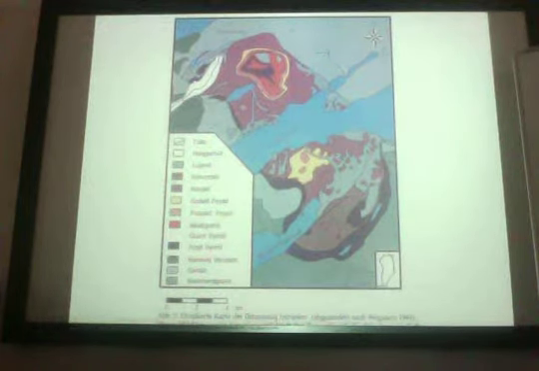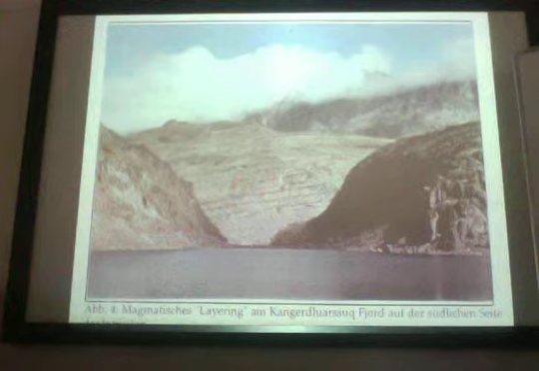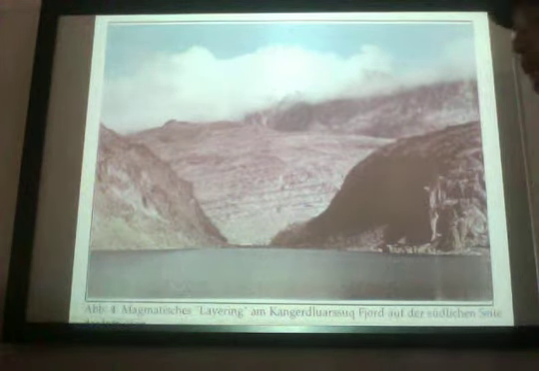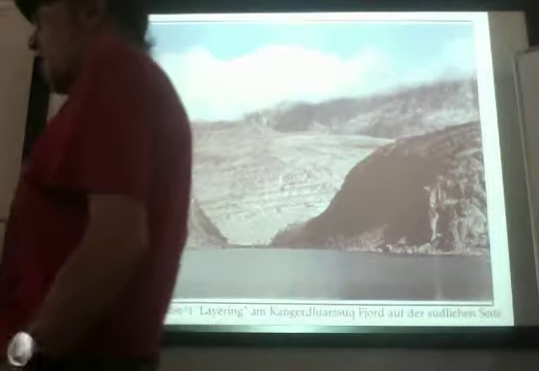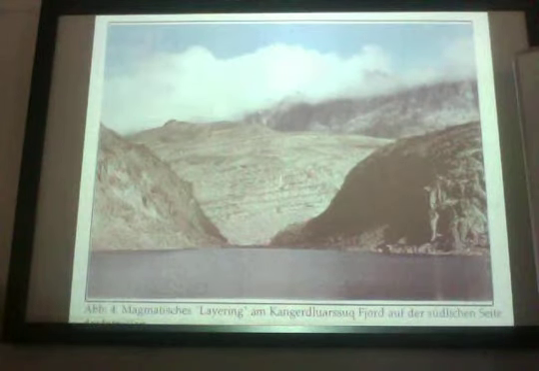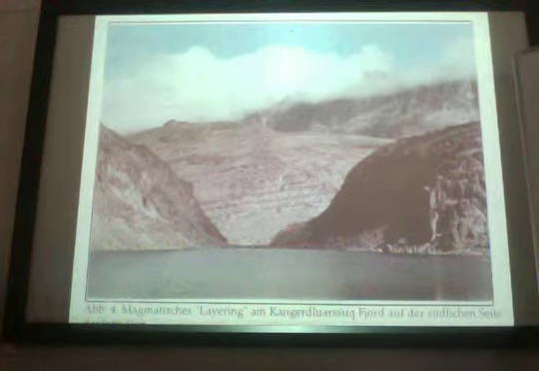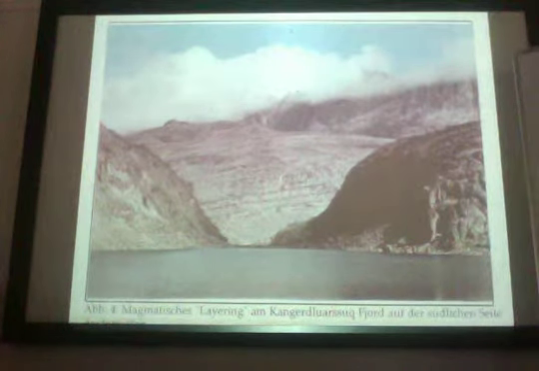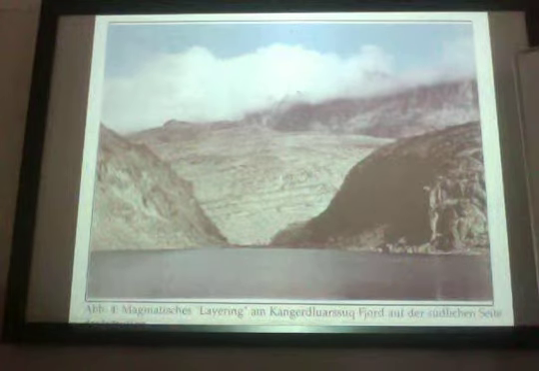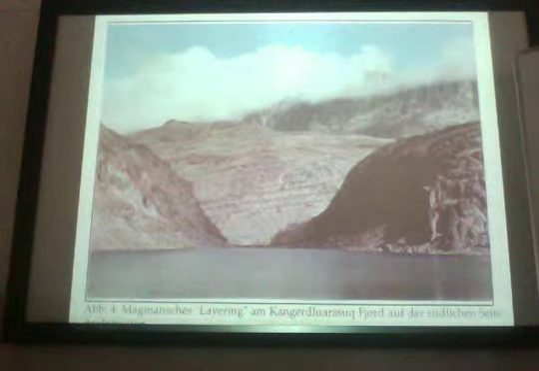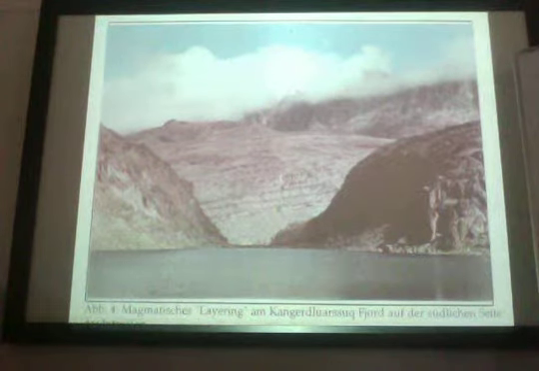Next slide. And that is how it looks in the field. In Greenland, you do not have too much vegetation. When the ice goes back during summertime, then you have this ice-free zone, about 3 kilometers wide, of course. You have some vegetation, which is why Greenland is called Greenland.